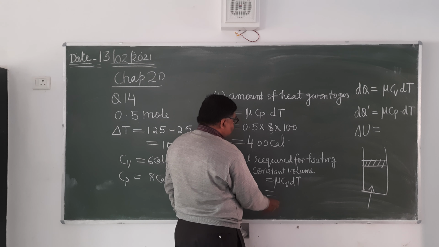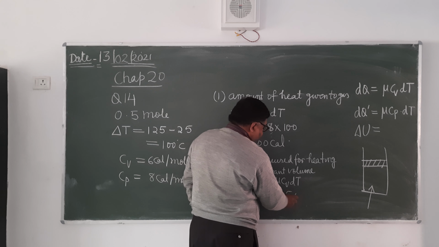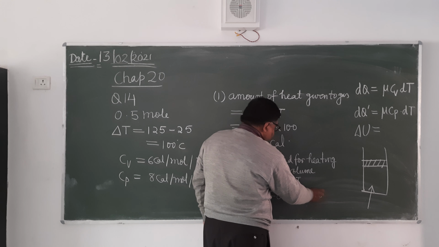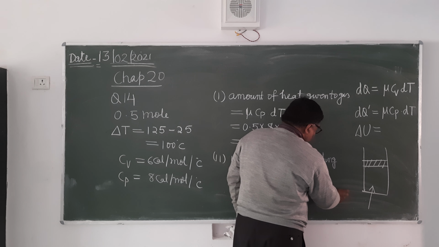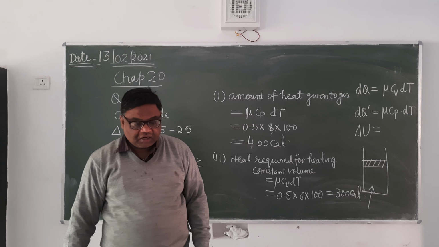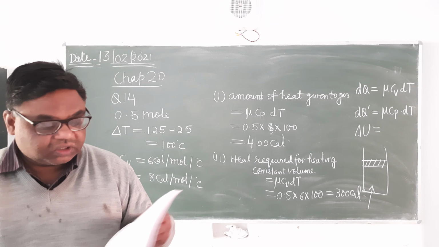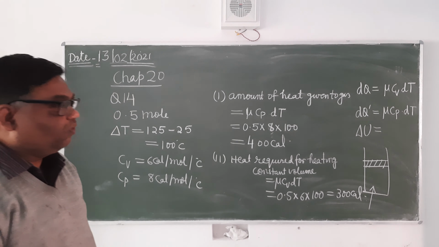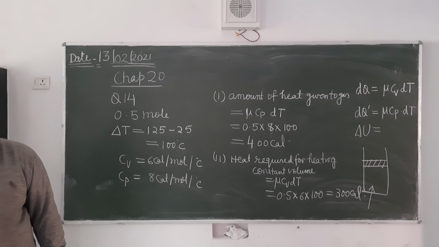Mu equals to 0.5, Cv is 6, dT 100. So it will be equal to 300 calorie. It's clear. Now you have to find the second part, the increase in internal energy. What will be the increase in internal energy?